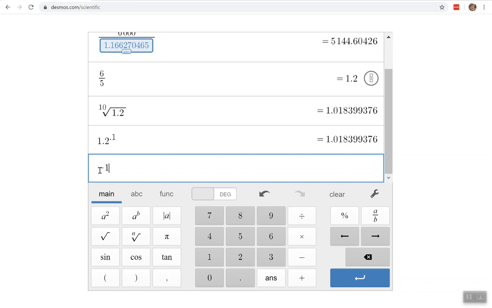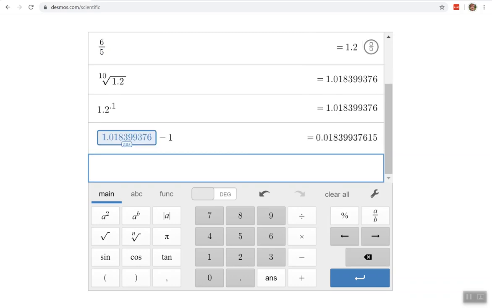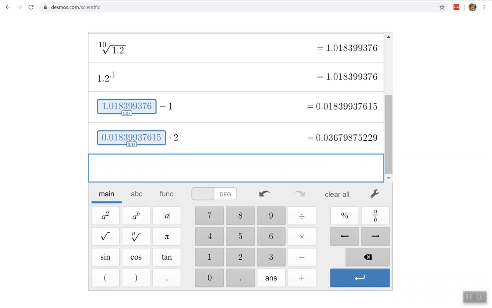On some calculators, when you type minus 1, ANS comes up automatically. In this calculator, it didn't. So let me go back and type ANS, and then minus 1, enter. And then that needs to be multiplied by 2, ANS multiplied by 2 and enter.